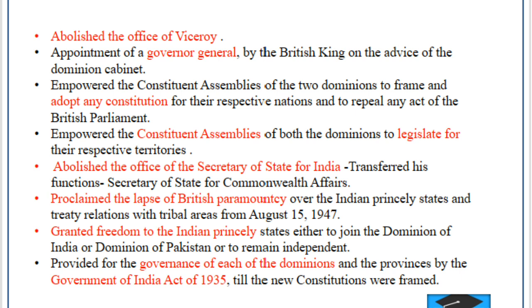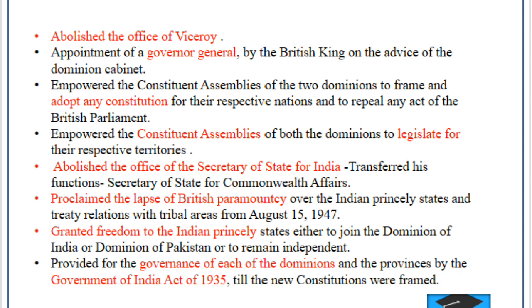It also empowered the constituent assemblies of both the dominions to legislate for their respective territories till the new constitutions were adopted and enforced. Therefore, the constituent assemblies of the dominions became the provincial legislature.